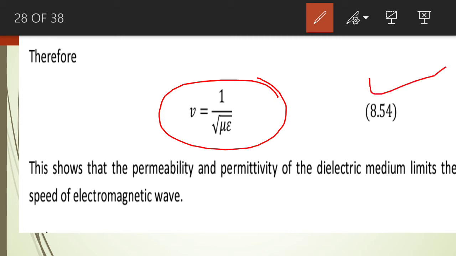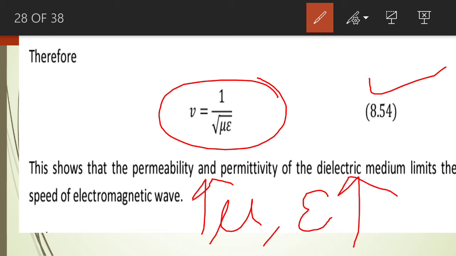So we can calculate the speed of the wave with the help of the permeability as well as the permittivity of the medium. You see, the speed depends upon these two parameters. If the permeability increases, the speed will decrease, and similarly if the permittivity of the medium increases, the speed will decrease.